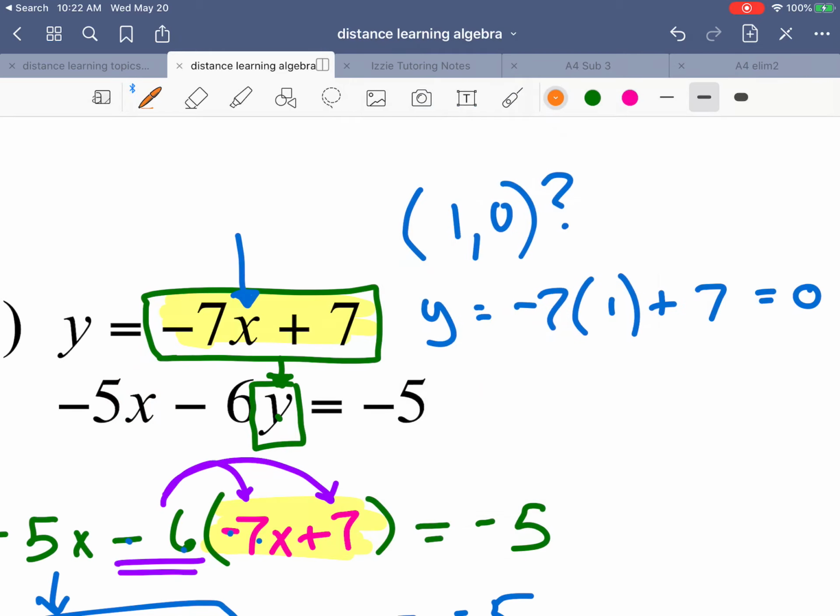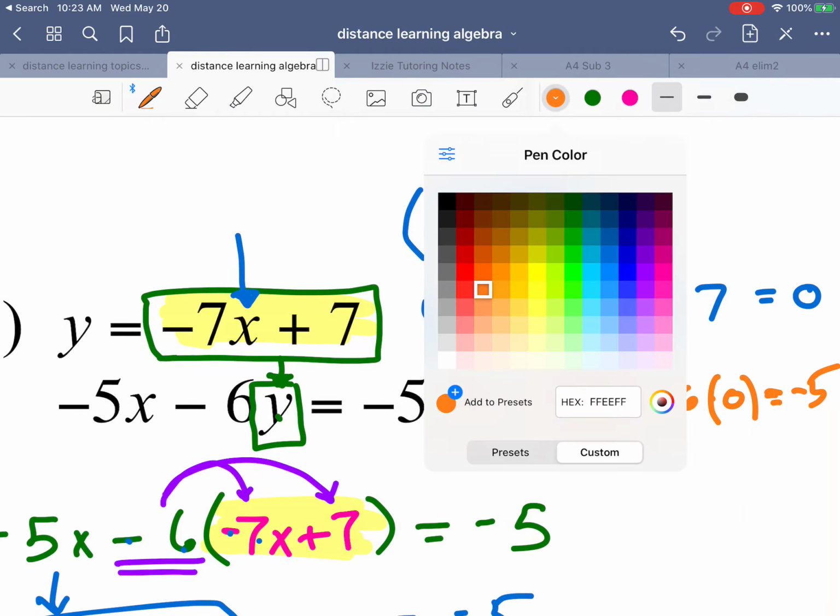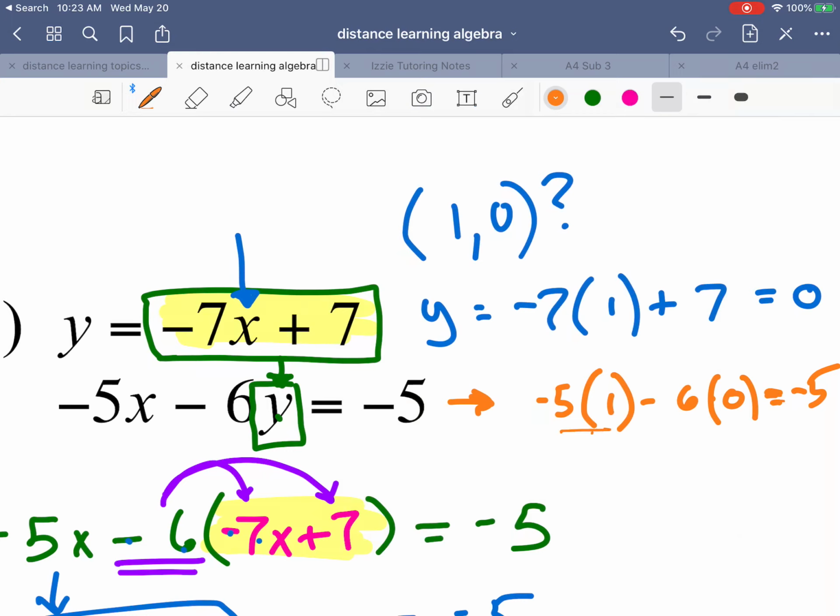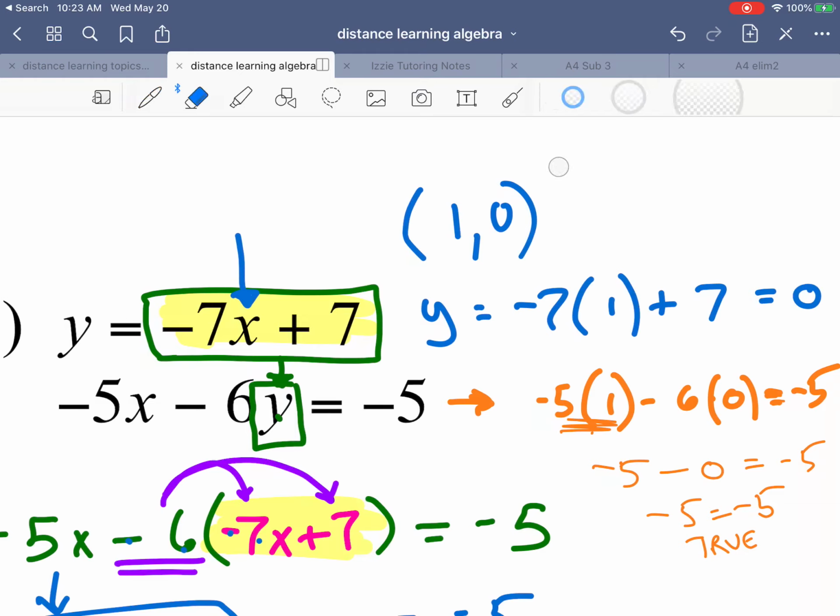Haven't used orange on this problem. -5 times 1 minus 6 times 0 equals -5. -5 times 1 and minus 6 times 0. -5 equals -5. That's true. And when I get a true statement with the point that I think is the solution, that confirms that is the solution.